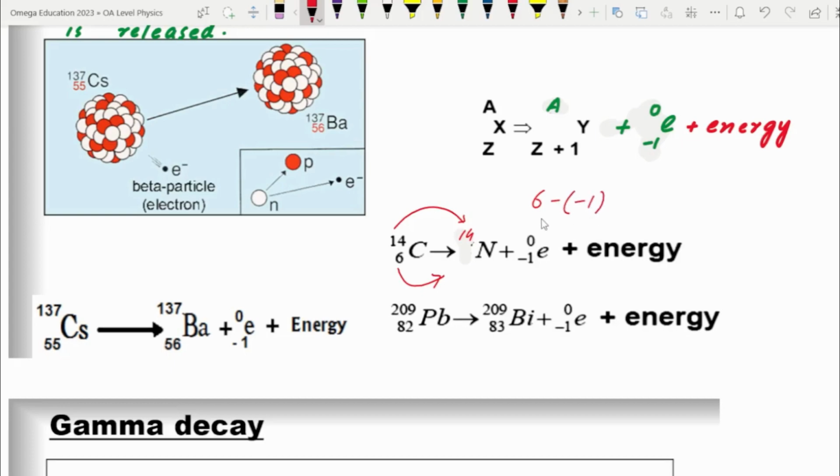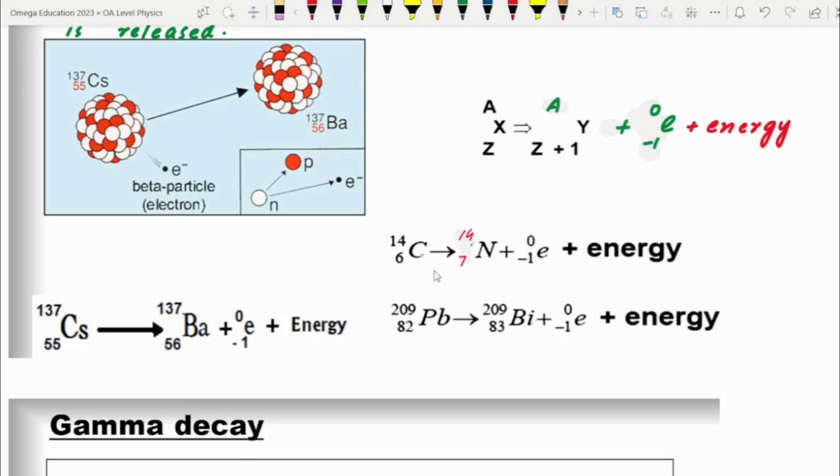So you're subtracting -1 from 6, and the atomic number would be increased by 1 if you have beta decay. So in beta decay, the atomic number is increased by 1, the atomic mass remains the same, and energy is released.